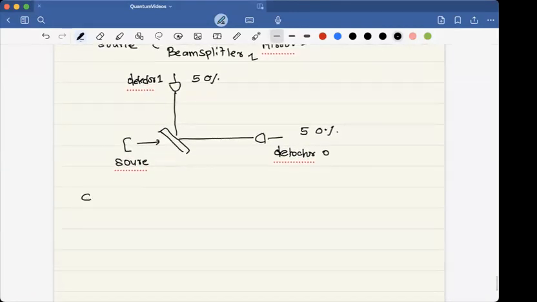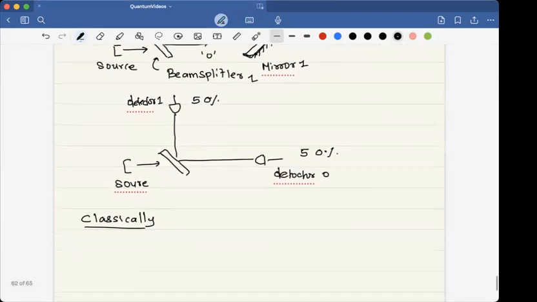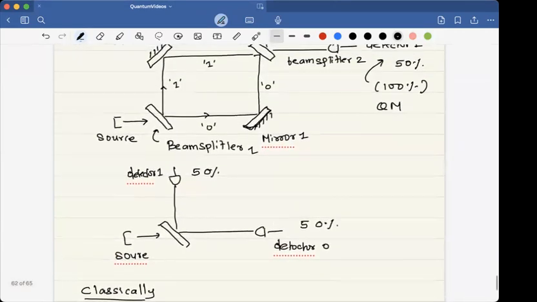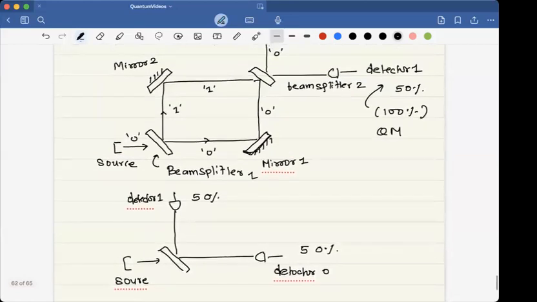So classically, you have these two paths, which I'll call 0 and 1. The source starts in path 0. If you draw a tree diagram, at the first beam splitter I can split into two possible paths, either path 0 or path 1, with equal probability.